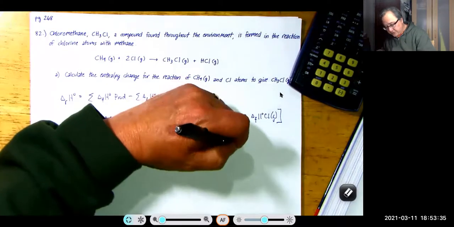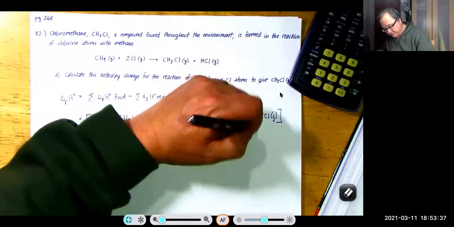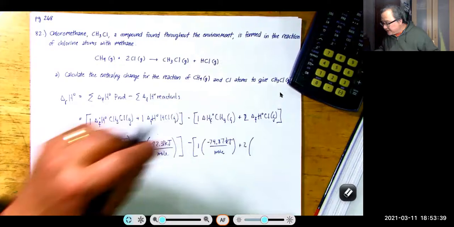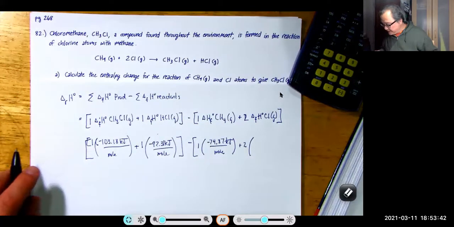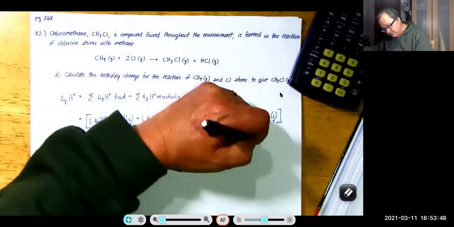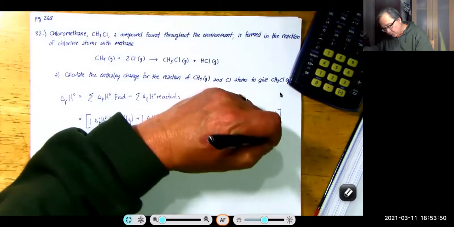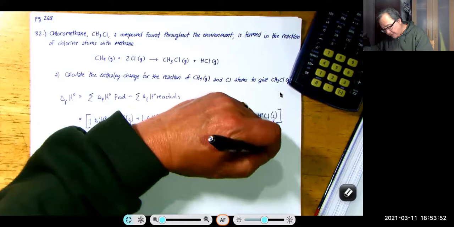And then plus 2 times, let's see what Cl is. It's 121.3 kilojoules per mole, and it is a positive value.